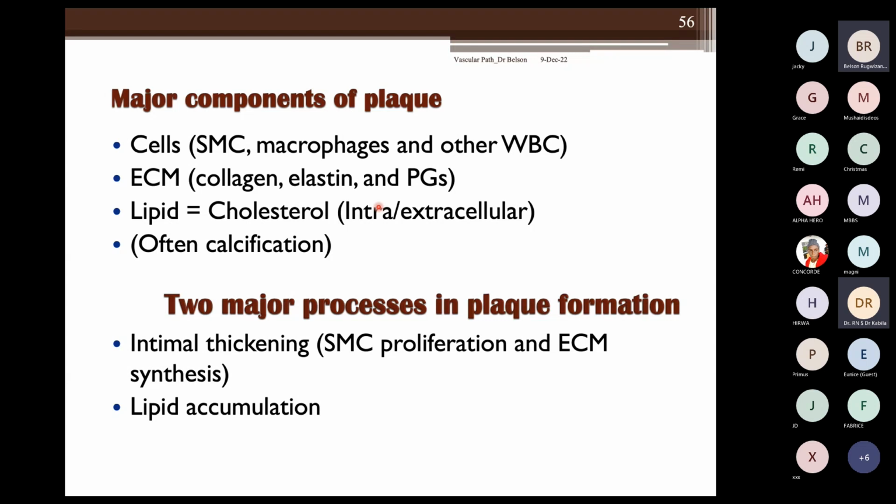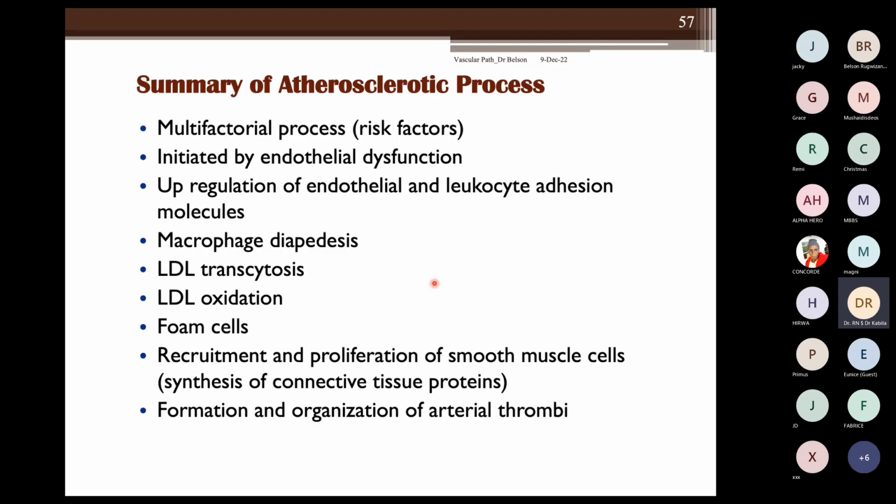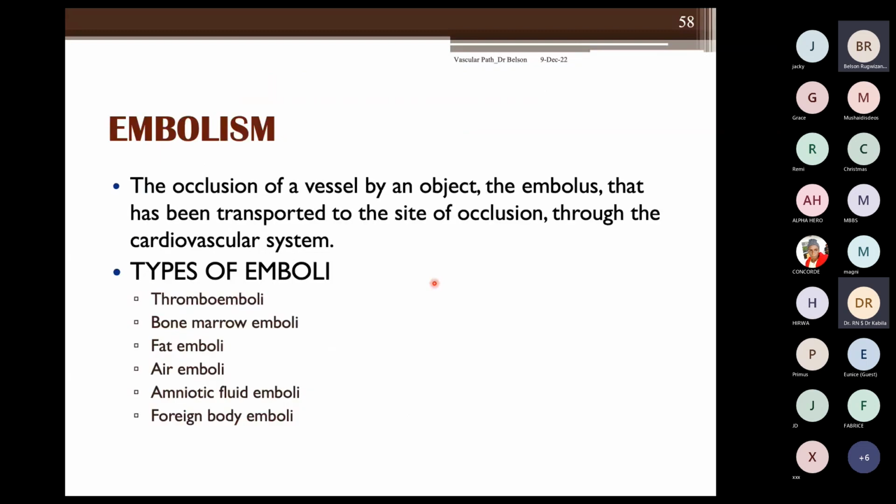Because usually it is too much, some of it is not engulfed and induces more inflammation, or usually calcification because of too much cholesterol. So the major processes in plaque formation, we have seen, are intimal thickening and lipid accumulation. I think you had seen this in general pathology.